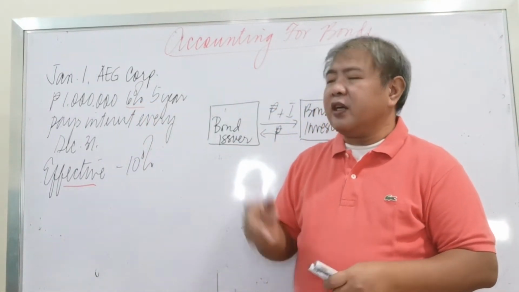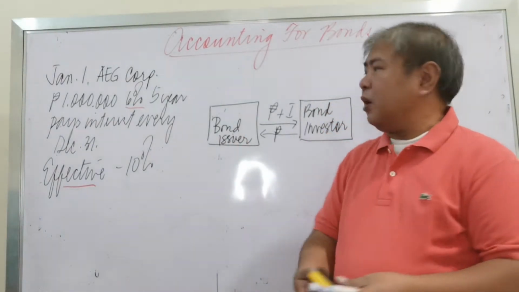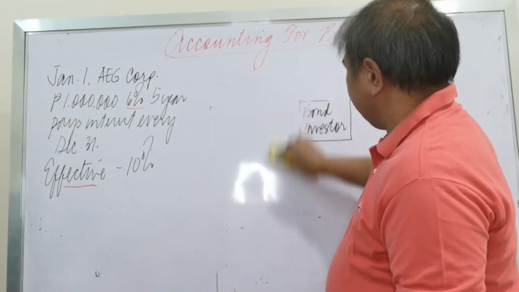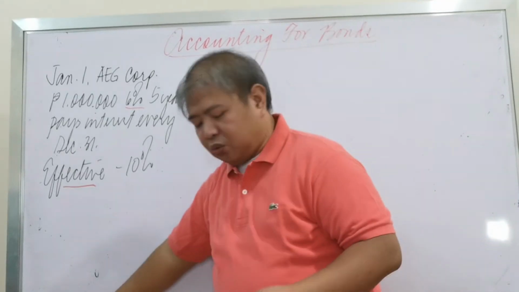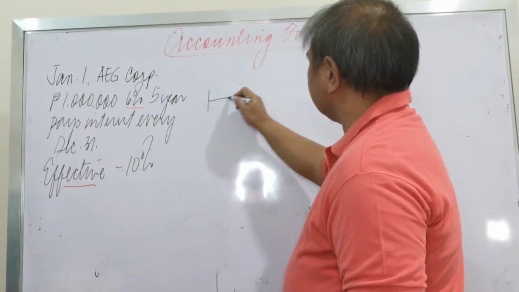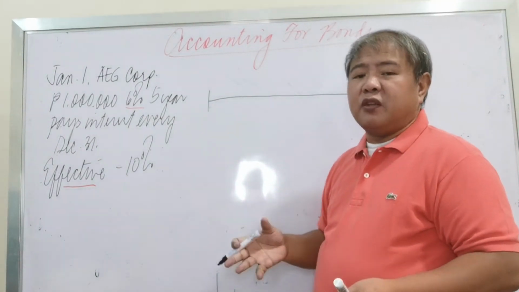Again, we will be using the concept that we discussed about time value of money and in promissory notes. Like what I encourage you to do, you have to do your timeline for you to find out what you are going to use in terms of the present value factor.